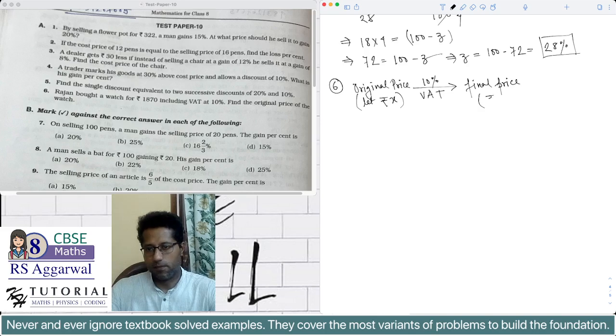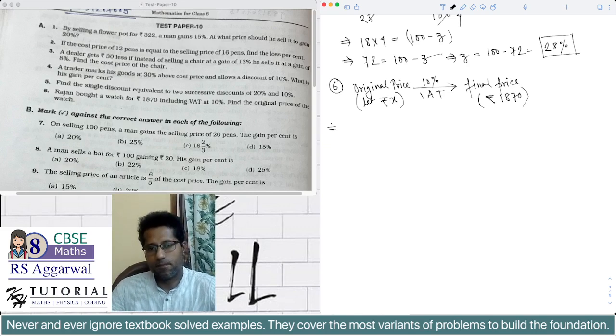This is given to be equal to 1870. So definitely the final price of rupees 1870 includes the 10% VAT, and the VAT is applied on the original price, which we have assumed to be rupees X.